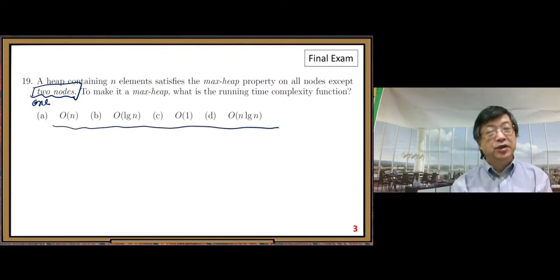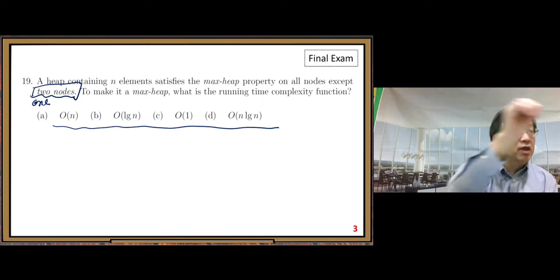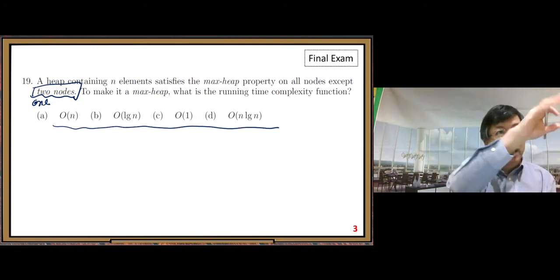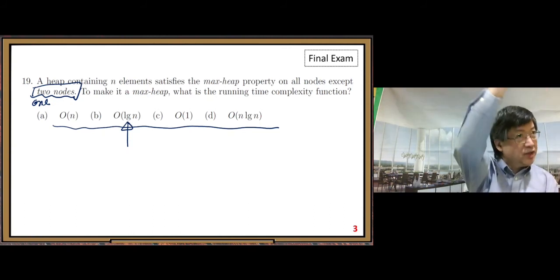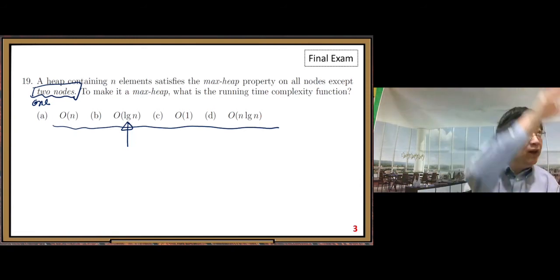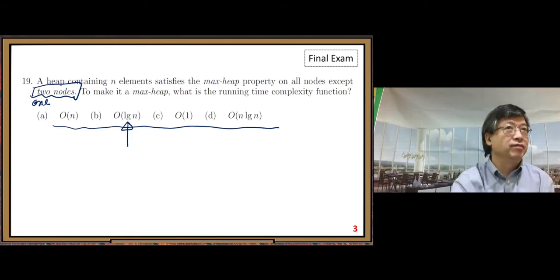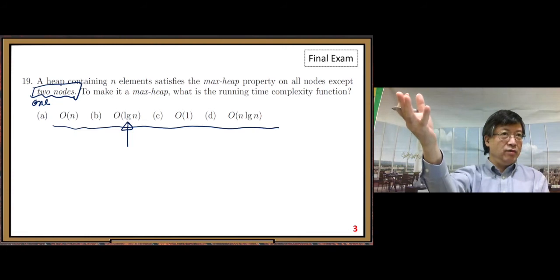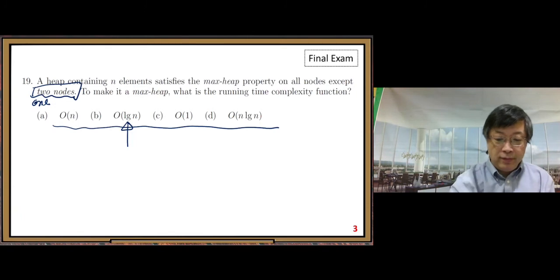With 2 nodes, you need to fix 2 nodes, doing the max heapify operation on 2 nodes. For 1 node, you need log n steps in the worst case. With 2 nodes, you need to do this twice. So what's the answer? That's the meaning of the question, what I ask for. 2 nodes.